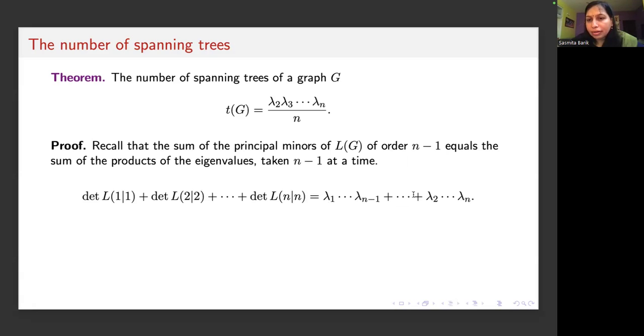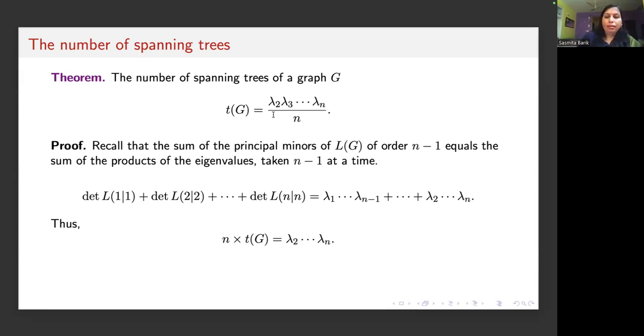So all these terms except the one from lambda 2 to lambda n will be 0. On this side, all these determinants are equal, that you know. And on the right side, only one term is there, that is lambda 2 to lambda n. So you will get that n times the number of spanning trees is this. And from this, you are getting this.